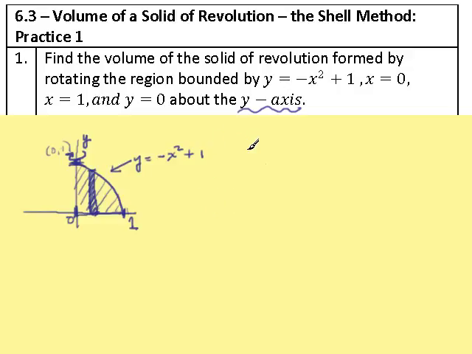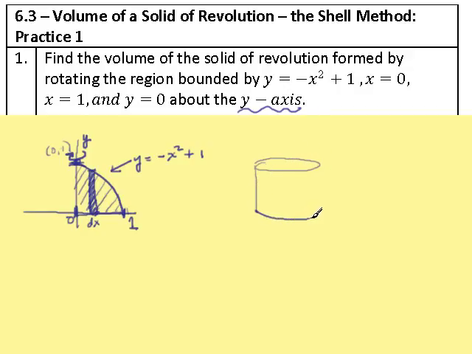So usually when we rotate about the y-axis, and if we're doing a dx integral, then very often we use the shell method. All right, let's look at what we mean by that. Well, here, if we draw this slice of the region, which is this rectangle over here, and picture rotating this rectangle about the y-axis, what we would get is a thickened cylinder.